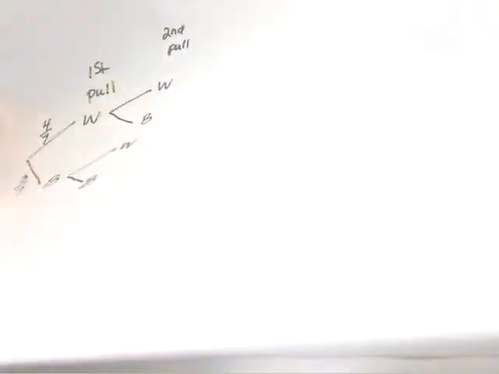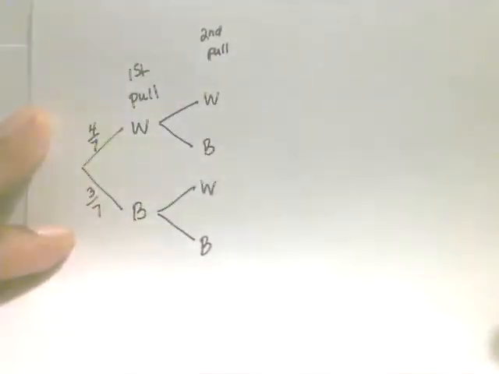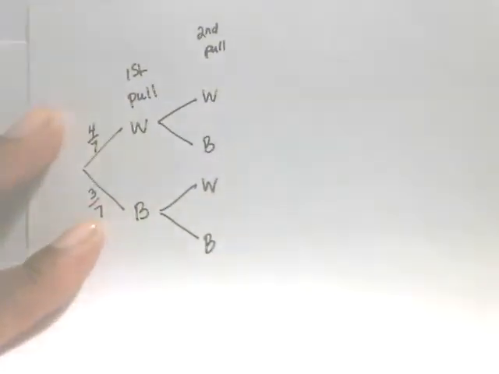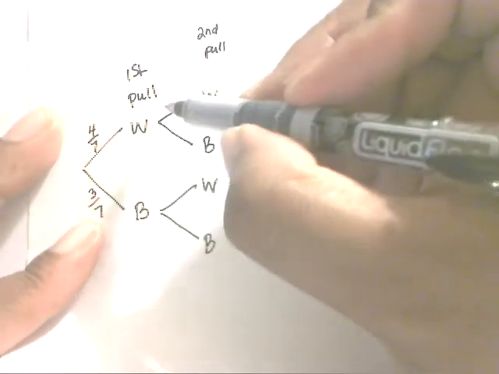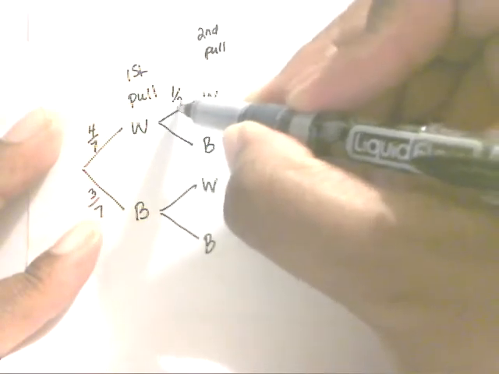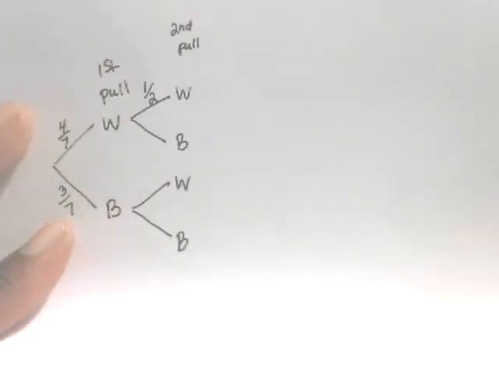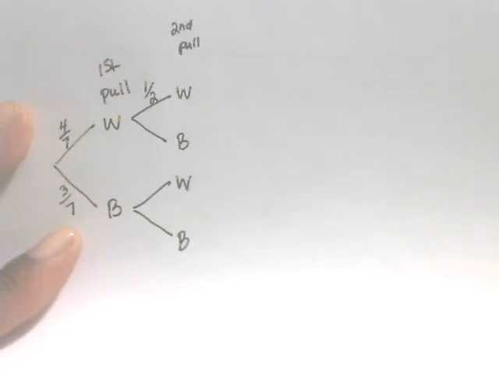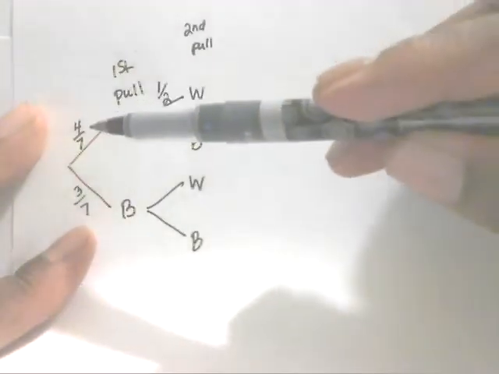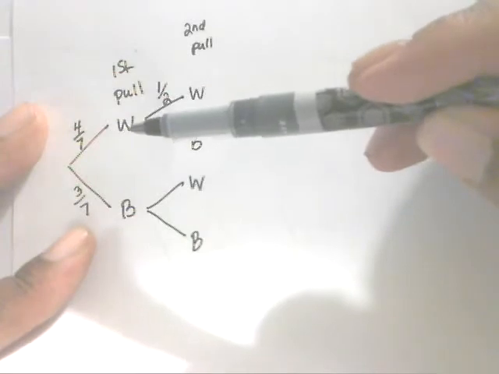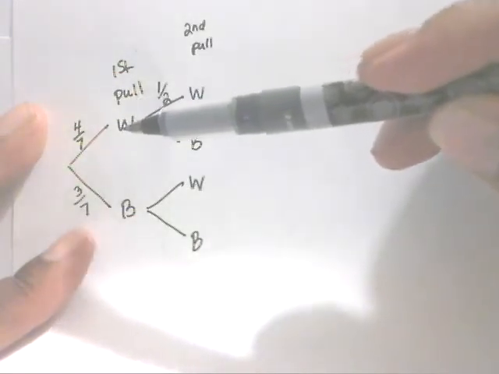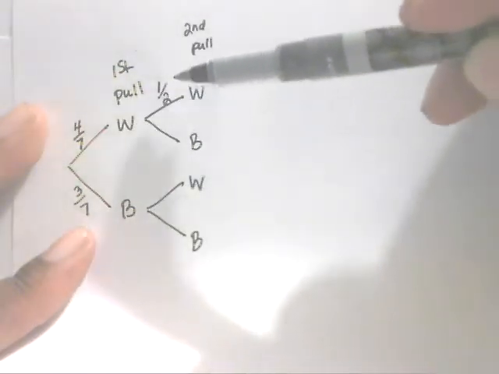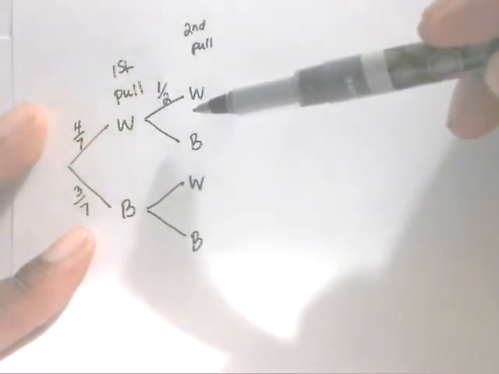Okay, now let's look at this one. Okay, just want to make sure it's not replaced. So that means that there are going to be 3 balls in there out of a total of 6. So 3/6 will be 1/2. Now I want to make sure that this is clear to you because there were 4 white balls. If a white ball is pulled on the first draw, then you're only going to have 3 white balls out of a total of 6 on the second pull.